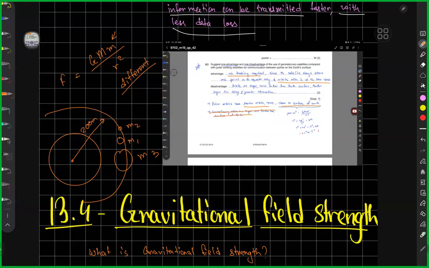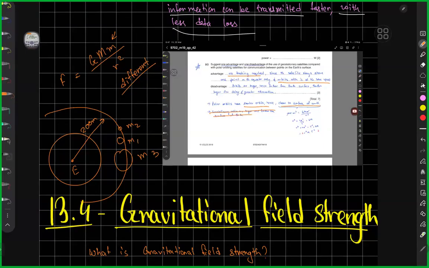What is the per unit mass force applied? So I just want to know with respect to this position, 200 meters from the Earth's center, anywhere along this radius, what is the force applied on any 1 kg of mass?